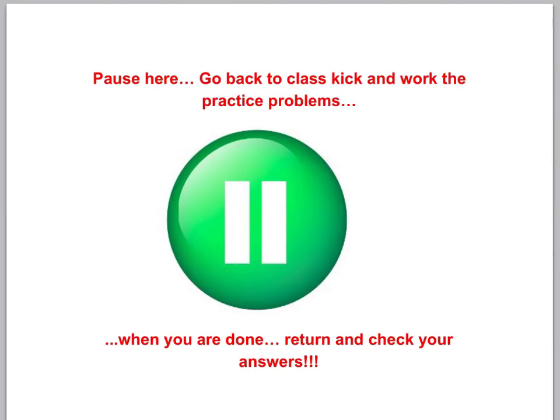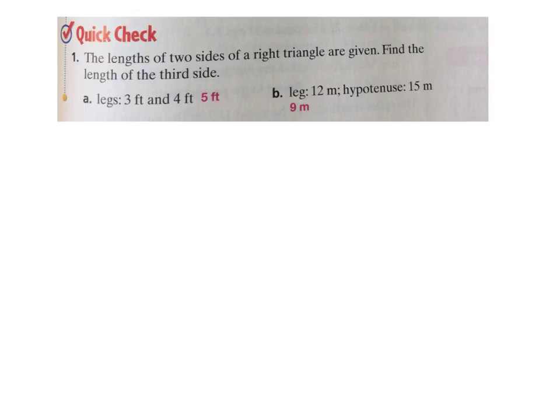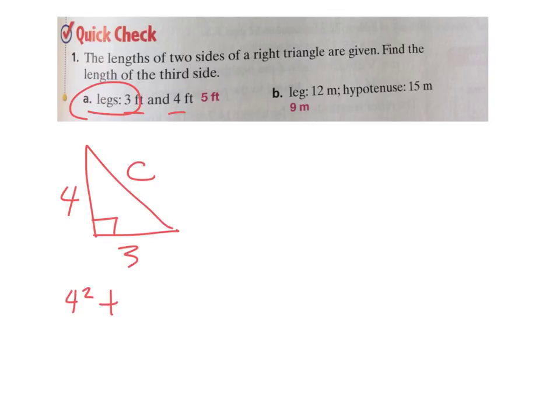Going to class kick, your turn to work a couple. When I do these, I always like to draw a picture. So we've got a right triangle here, and this says the legs are 3 and 4 feet. So 3 feet and 4 feet, and again, C is the hypotenuse. So we'll have 4 squared plus 3 squared equals C squared.